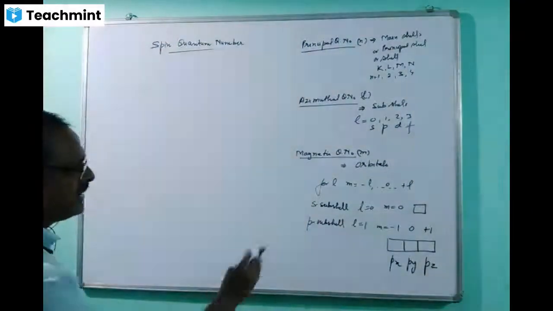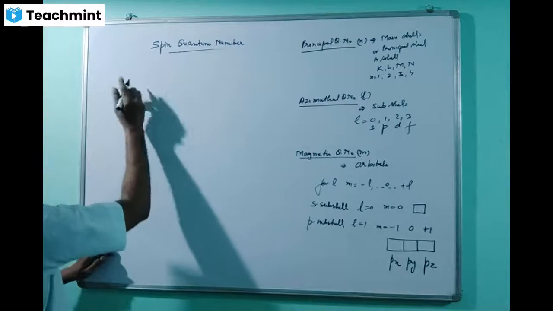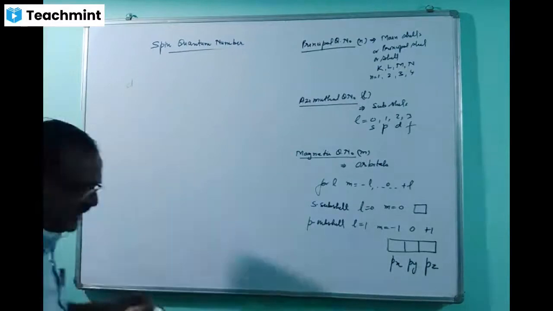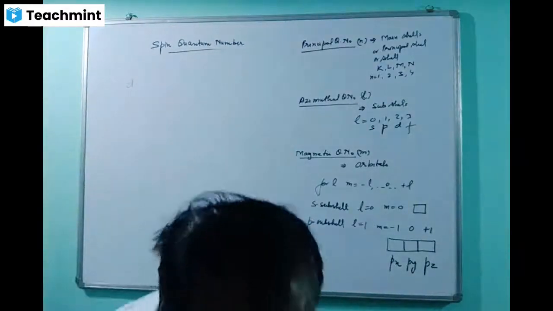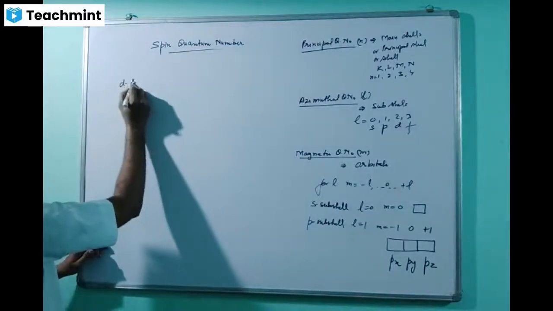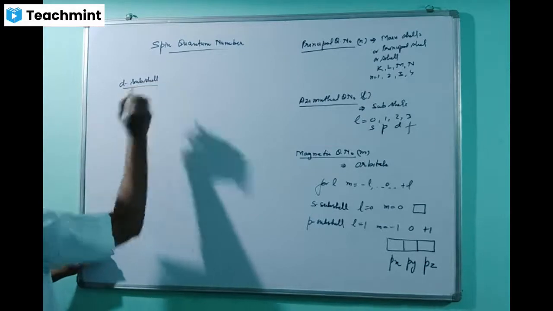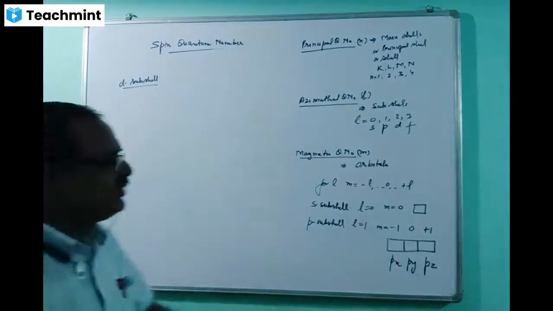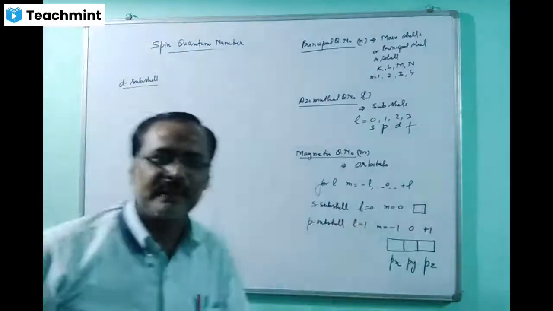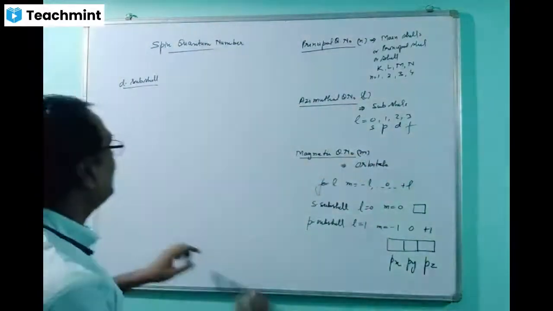You have seen S and P, then the D subcell. What is the value of L for the D subcell? 2. Yes, correct. The value of L is 2.